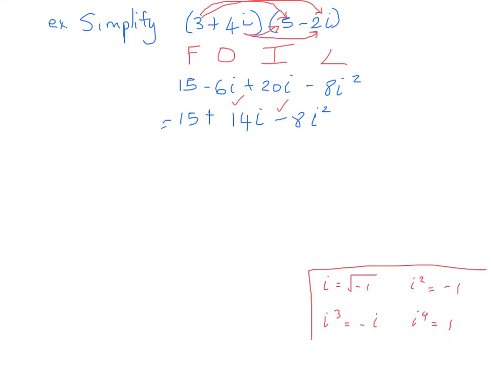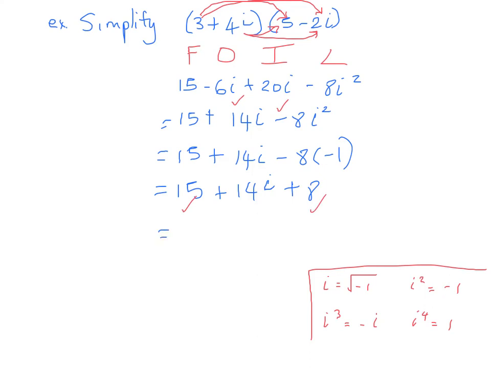So we can rewrite that as 15 plus 14i minus 8 times -1, which is 15 plus 14i plus 8. Now we have other like terms: 15 plus 8 gives us 23, plus 14i. Now we're good because we have our real part and our imaginary part, and that's how we know this is a simplified complex number.